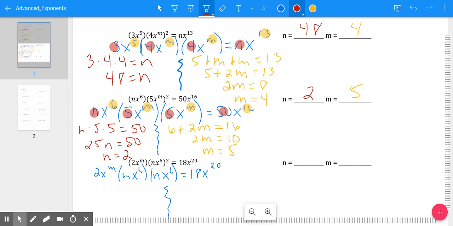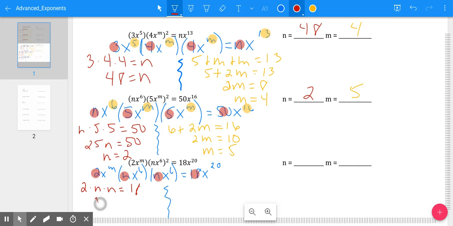And if we focus our attention on the coefficients, we have 2, n, n, and an 18. So 2 times n times n equals 18.